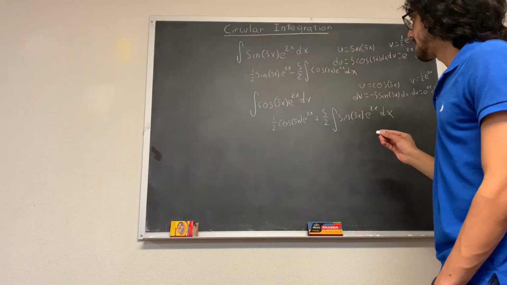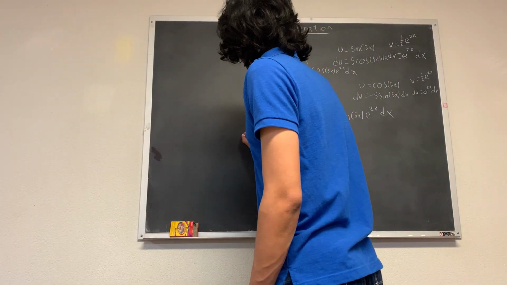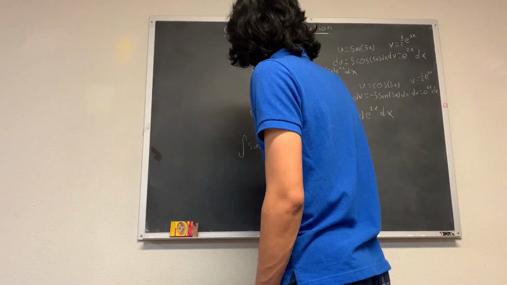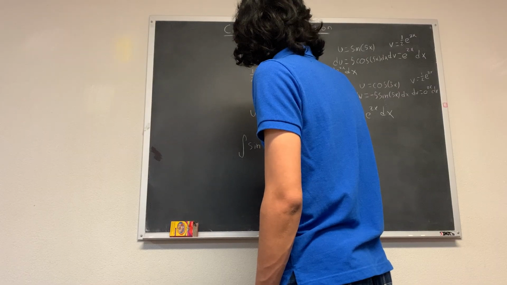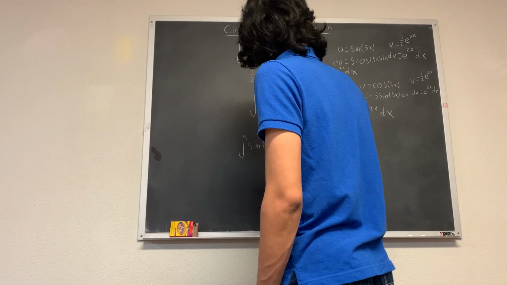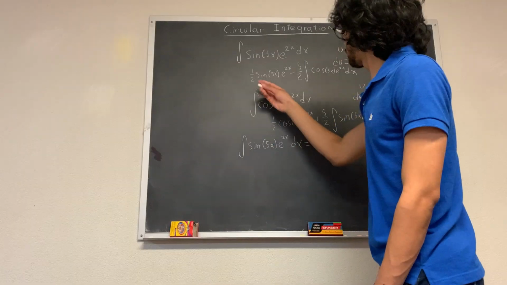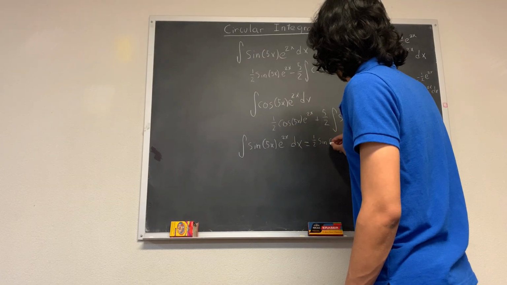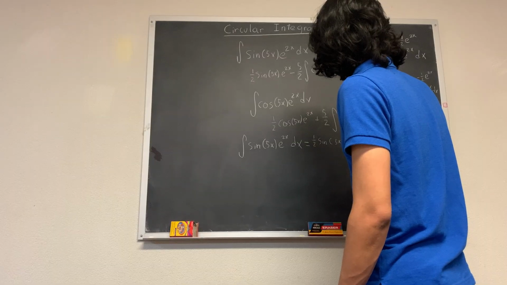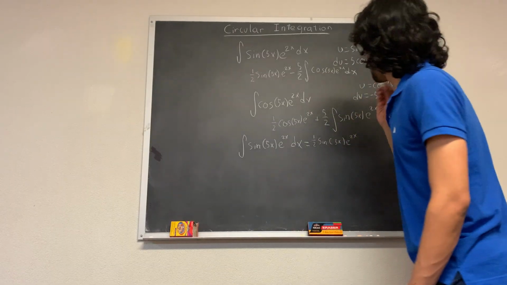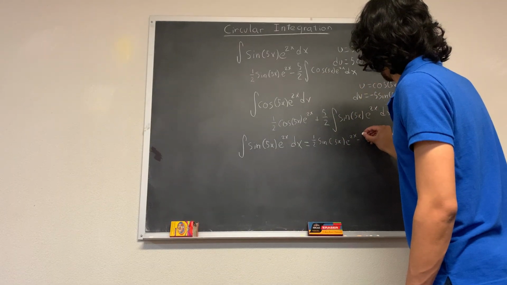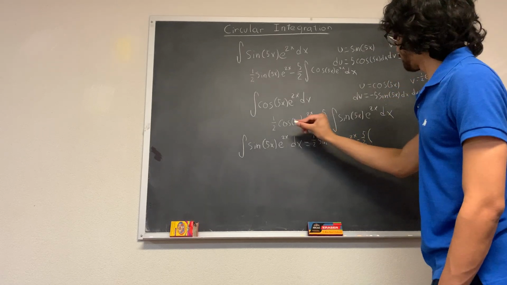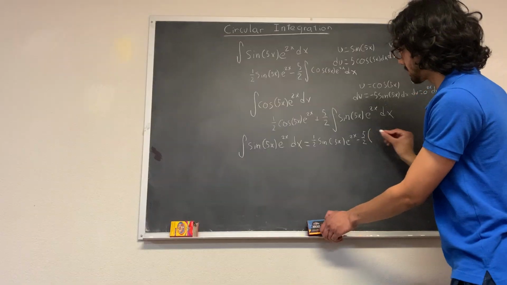And we can rewrite it as the integral of sine of 5x e to the 2x dx is equal to 1/2 sine of 5x e to the 2x minus 5/2 times, and here I'm just going to do a little bit of distributing.